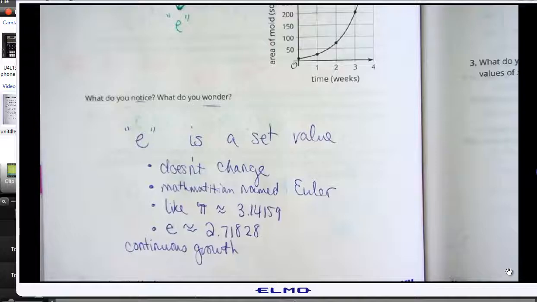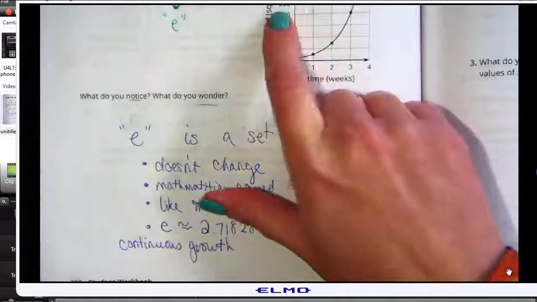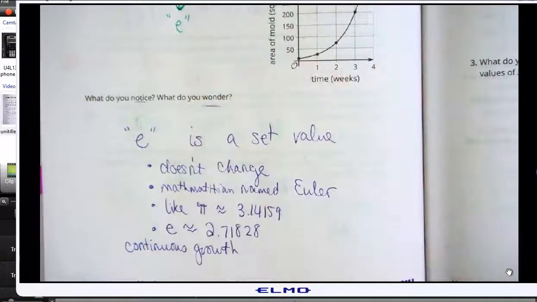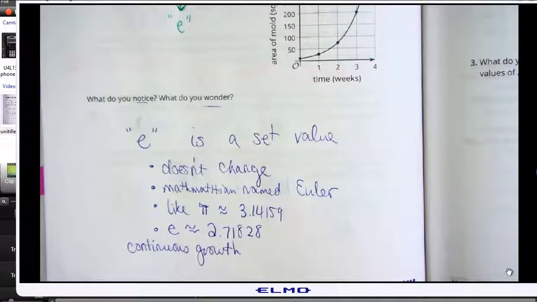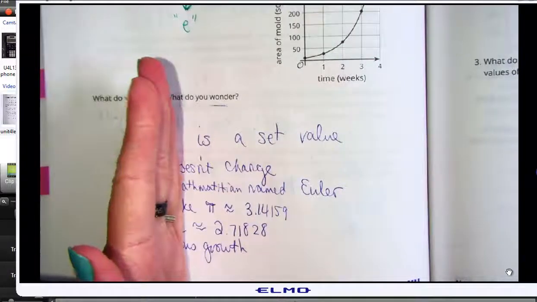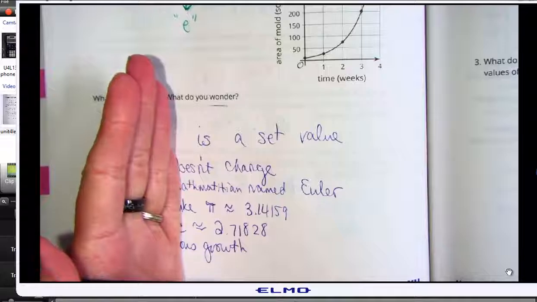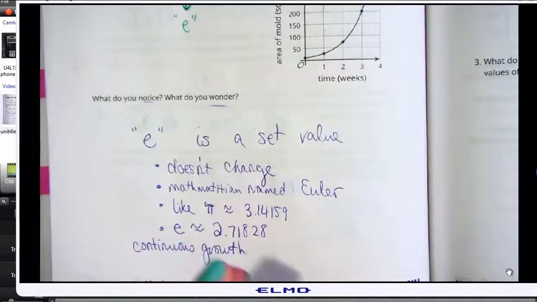And we're going to see that they use it for everything from populations of bacteria and mold, like we're seeing up here, to populations of animals and species, but also to things like money. When you invest money into the bank, they don't just wait until the end of the month and then calculate the percent that you get back. They do it every single second.